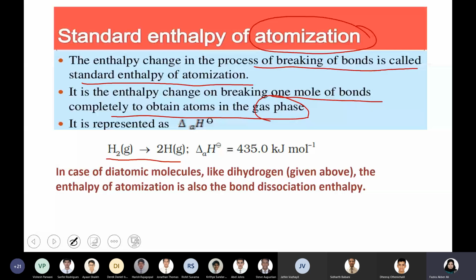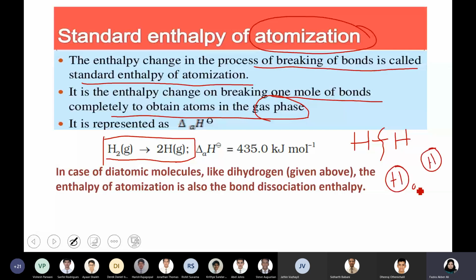As in the example, hydrogen: the bond between the atoms breaks and you get two hydrogen atoms, and these two are in gaseous state. This enthalpy change is known as standard enthalpy of atomization.